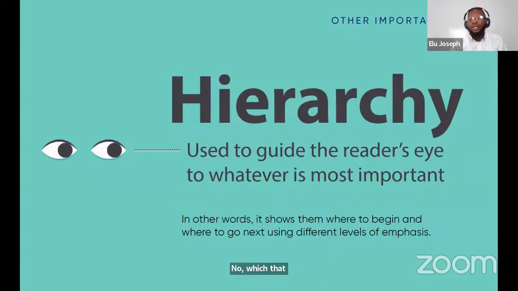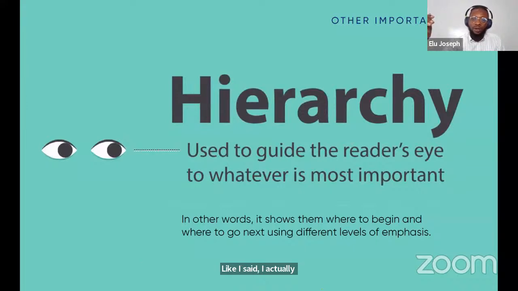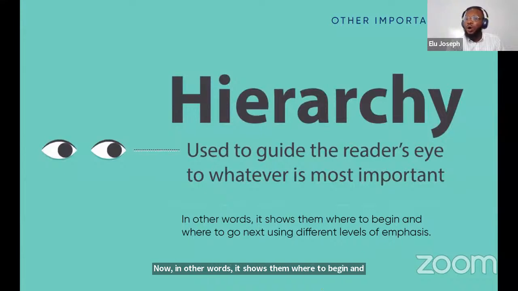Remember, hierarchy is used to guide the reader's eye. Like I said, hierarchy provides order of importance. In other words, it shows them where to begin and where to go next using different levels of emphasis. Now, you see that emphasis comes into play in hierarchy, but they are not the same, right?